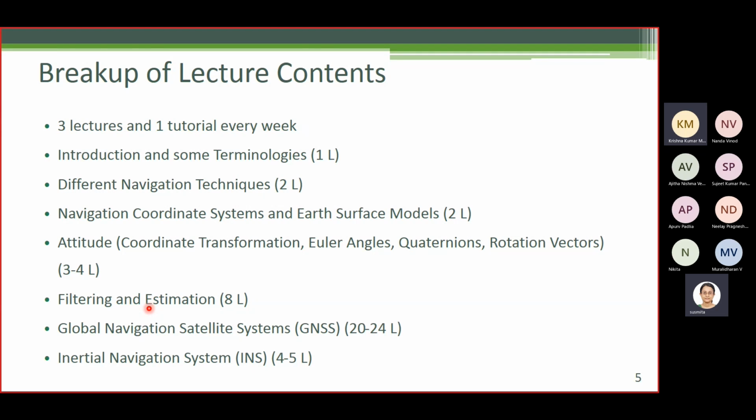Accurate measurements, 100% accurate measurements. Some errors will always be there. So our objective is to eliminate the error to the extent possible and extract useful information. For this purpose, we need to use a filter. So navigation is not possible without a filter. Therefore, we'll have introductory discussion of filtering and estimation.